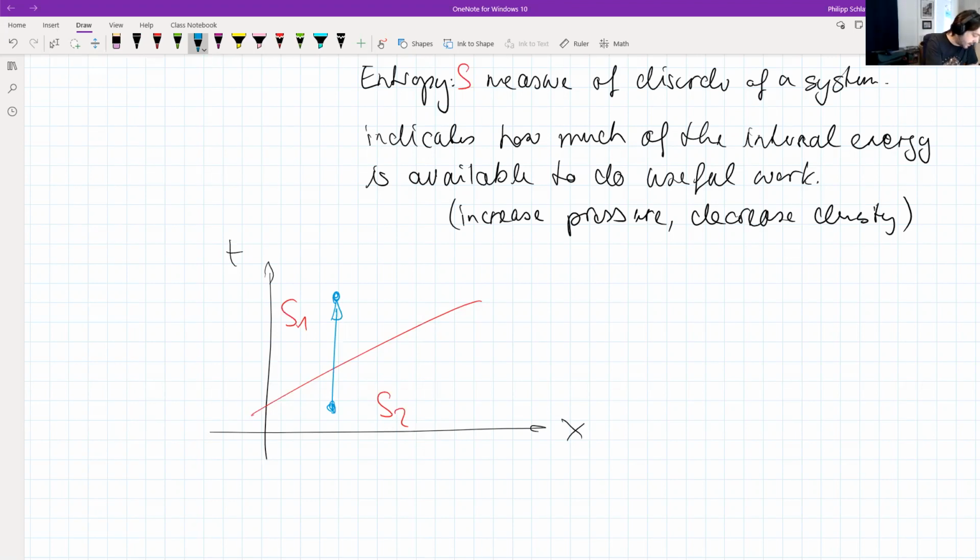So it means that S1 needs to be larger than S2.